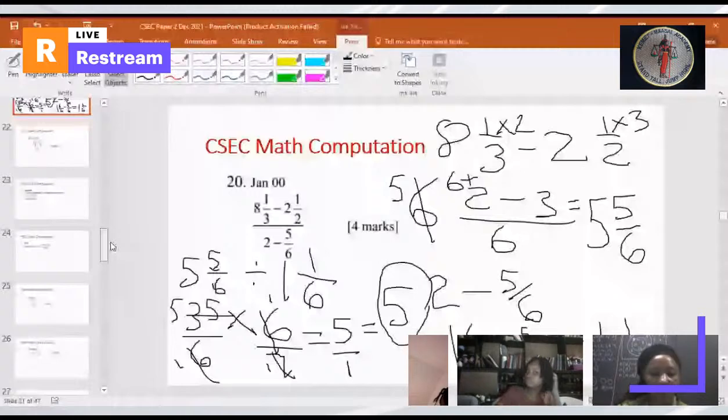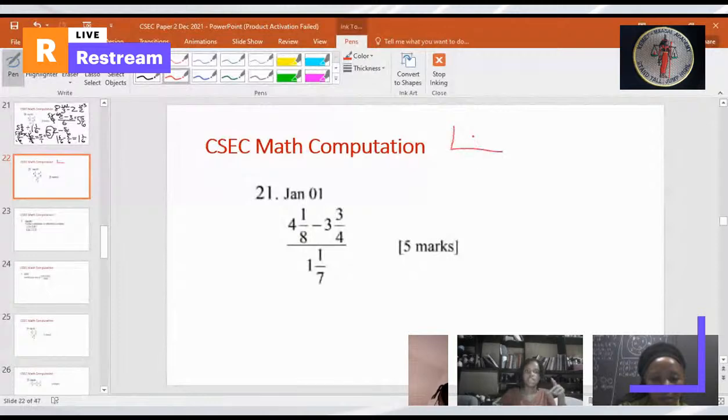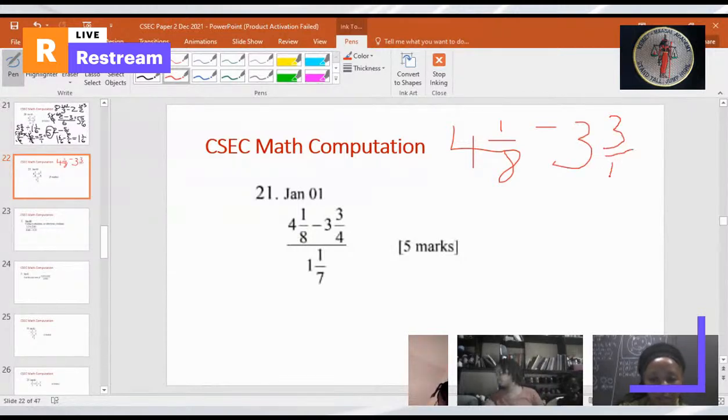Okay, so let's go, Imani. Okay, miss. We're going to subtract the whole numbers. So 4 minus 3 is 1. And then we're going to subtract the common fractions. So 1 over 8 minus 3 over 4.